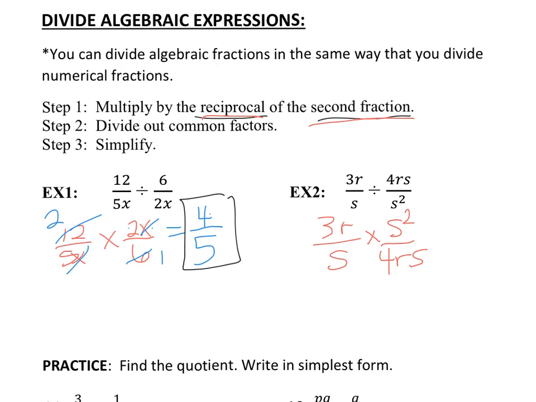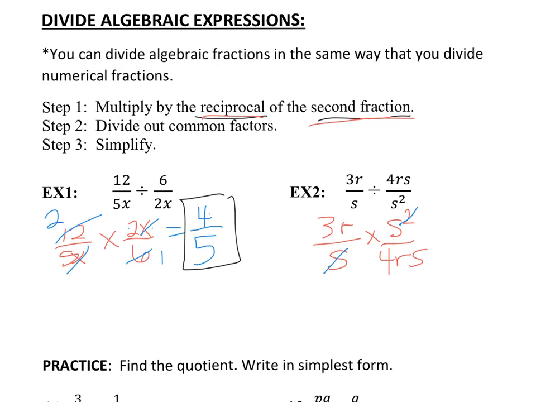So now in this case, I can actually break things apart, and I see that I have an exponent, which really means s times s. So there are actually two s's. So I can cross cancel this s with one of those s's. So now I'm left with just s.